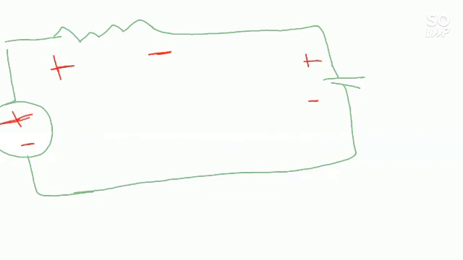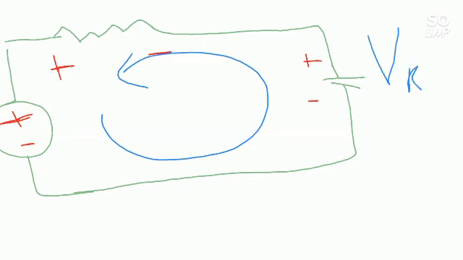And now I will take the path as reverse. What have I told you? Now VR, the resistance drop across R, will be negative. Why? Because the path of the current goes from minus to plus. Similarly VC will be minus VC, and the voltage source V will be positive, because in this case it goes from positive to negative.